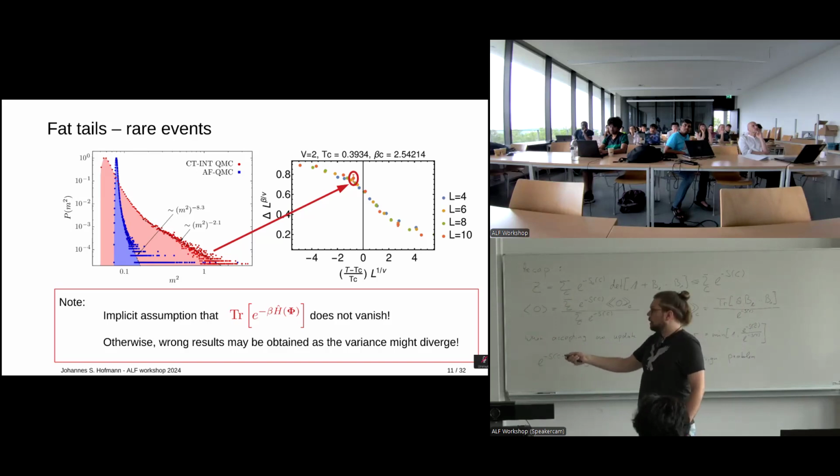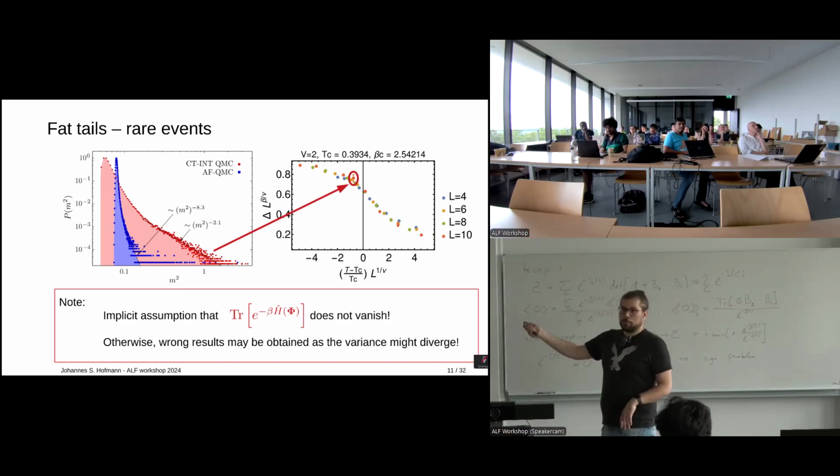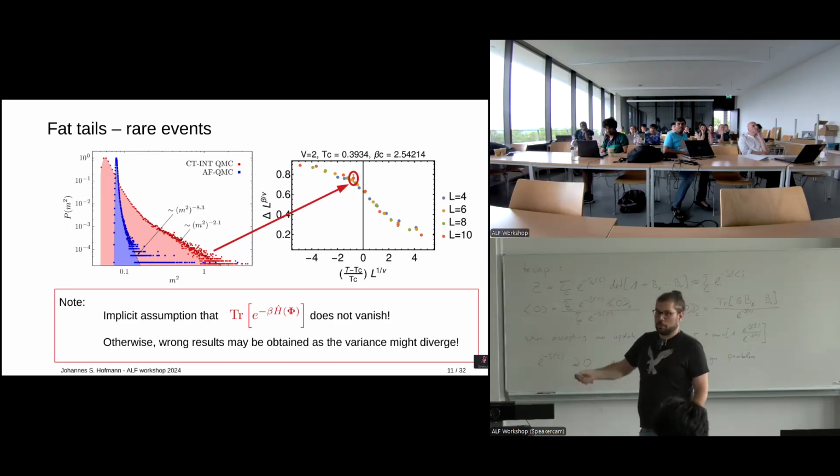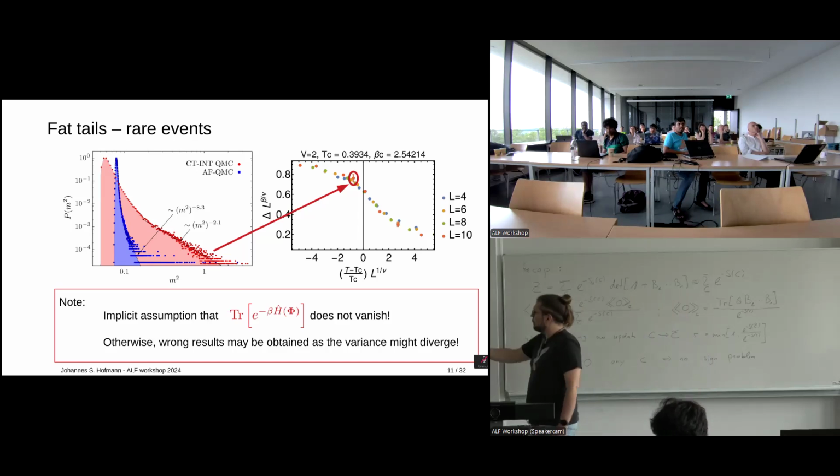And here we are at the border of it having a finite variance. So when we average over more and more configurations, we are barely able to get to a Gaussian. What you see here is that there are so-called rare events that happen one in 10,000 events. But when they do show up, they show up with a fairly large value.